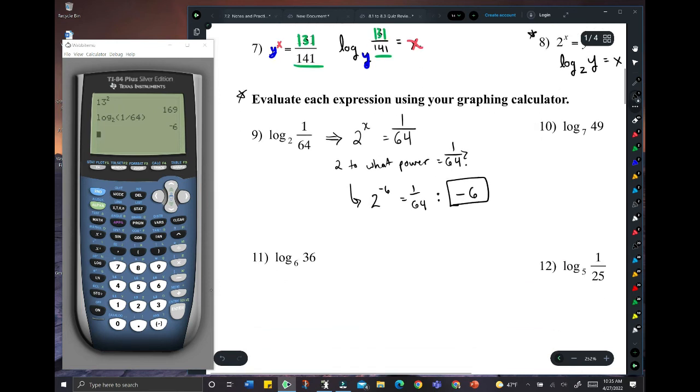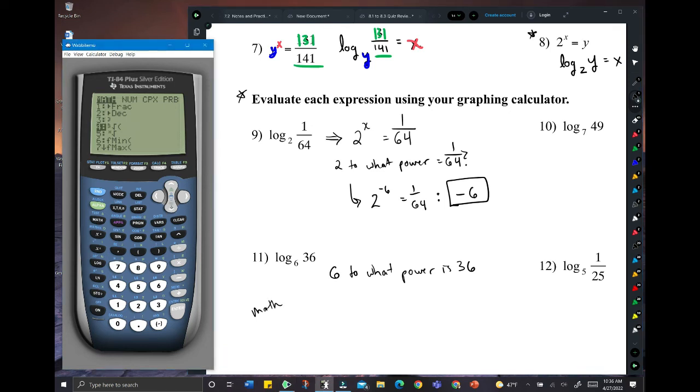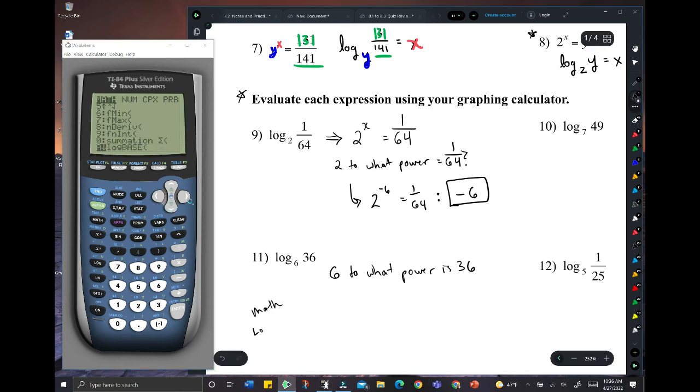Okay, let's try that again. Log base 6 of 36. This might be easier. You're thinking 6 to what power is 36? You might be thinking, well, squared. But let's do this in the calculator. Math, you're going to scroll down in num till you find log base.